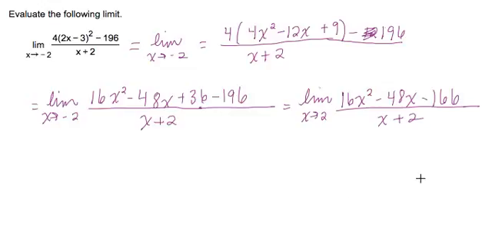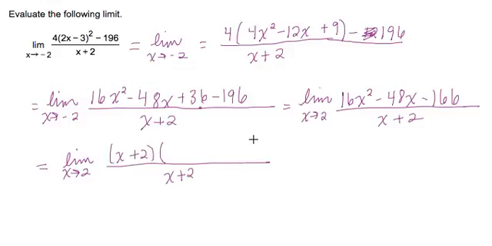So the only way we're going to be able to take this limit is if x plus 2 is a factor of the numerator, because we need a factor of the numerator to cancel with the x plus 2 in the denominator. So I'm going to attempt to factor this quadratic with pretty large numbers by guessing that x plus 2 is probably one of its factors.